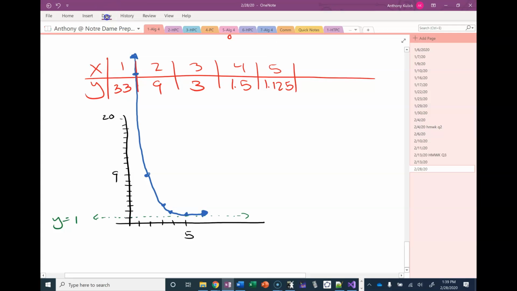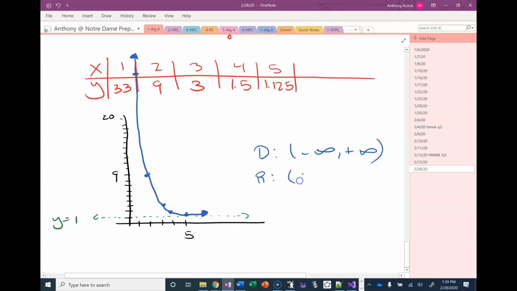Again, notice that the left end of my graph is pointing up and the right end of my graph is kind of laying flat along the asymptote. You guys notice that? The domain for every exponential function is going to be all real numbers.